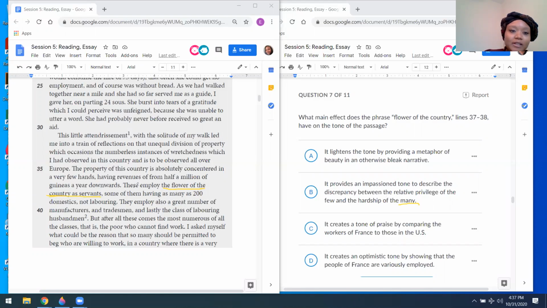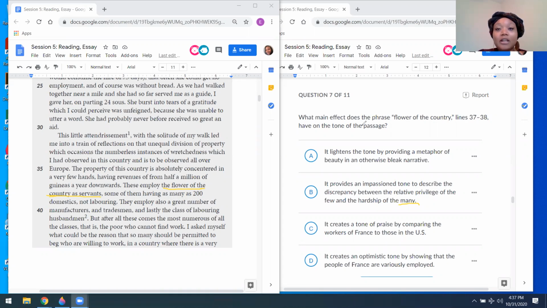And this sentence, the flower of the country, we know that flowers are seen as good. So the good majority of the country are suffering. They need more money for bread.